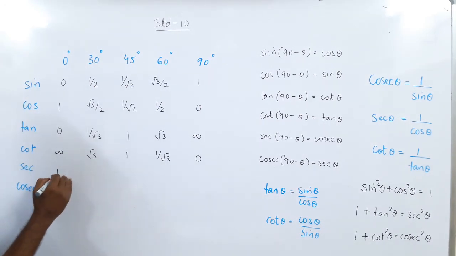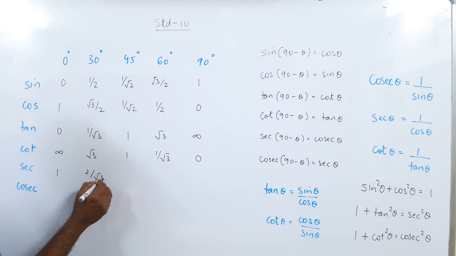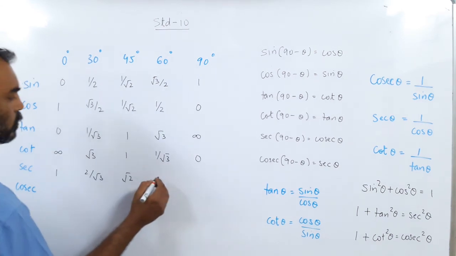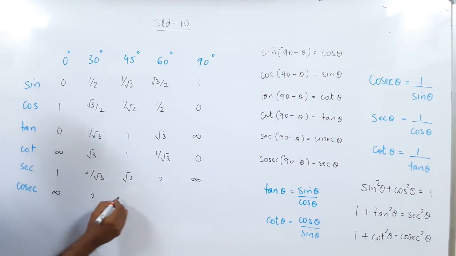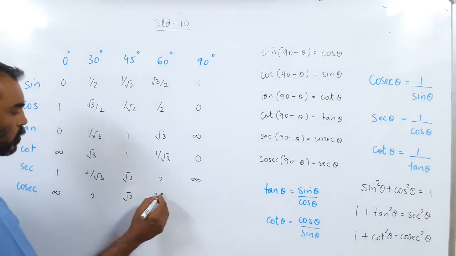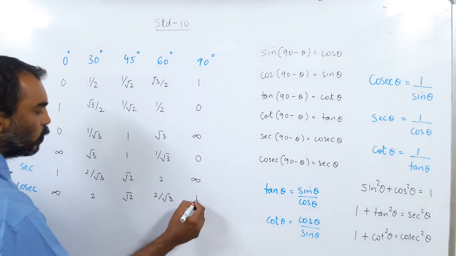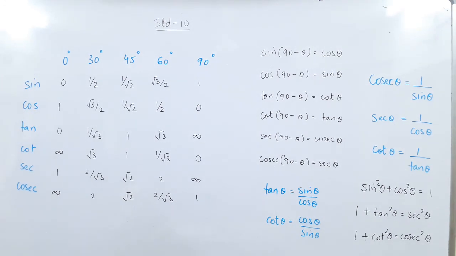Sec will be 1, 2 by root 3, root 2, 2, not defined. Then not defined, 2, root 2, 2 by root 3 and 1. So this is the table.